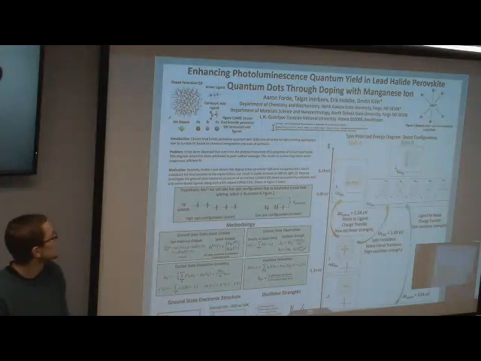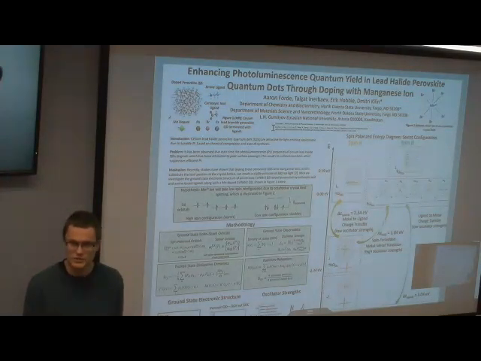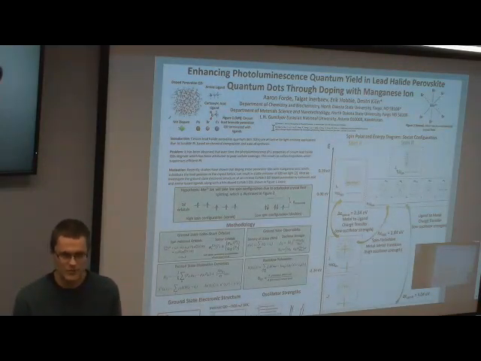In general, fully inorganic cesium lead halide perovskite quantum dots are pretty popular for light emitting technologies because they're good absorbers and very good emitters. They're also very easy to synthesize. You can use regular colloidal synthesis or wet solution synthesis to make them, which is attractive for making materials like this.